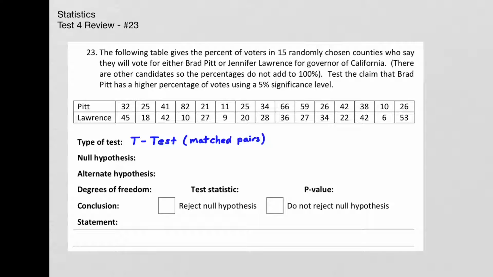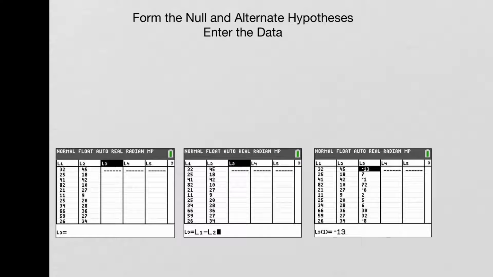So we've got our type of test, and next we're going to need our null and alternate hypotheses. We know that this is a matched pair situation. My null hypothesis with matched pairs is always the same.